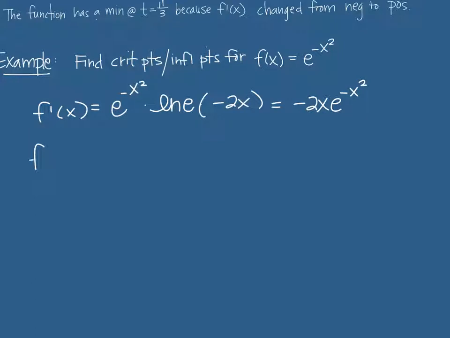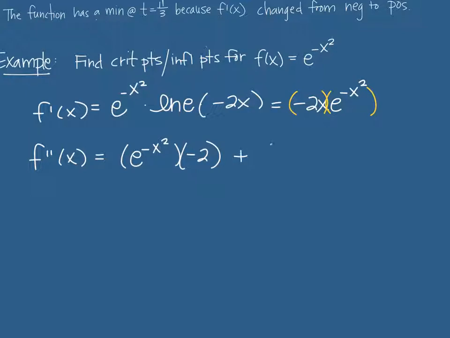And then the second derivative is going to need me to do the product rule on that. And so I will group my equations into negative 2x as one part of the product and e to the negative x squared as the second part. And I'll do my derivative on that. So I'll start with e to the negative x squared. And then the derivative of negative 2x is negative 2.